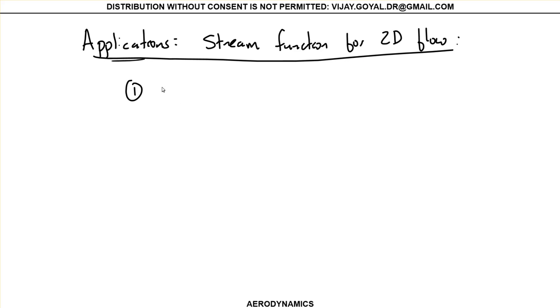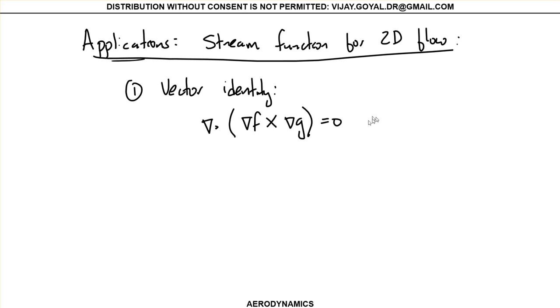First of all, because of vector identity, let's start with that. We know that the dot product of this with the cross product of two functions f and g is equal to 0.